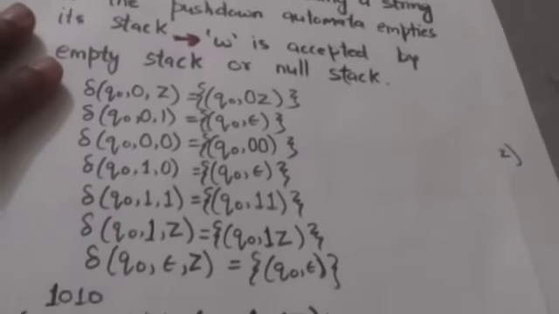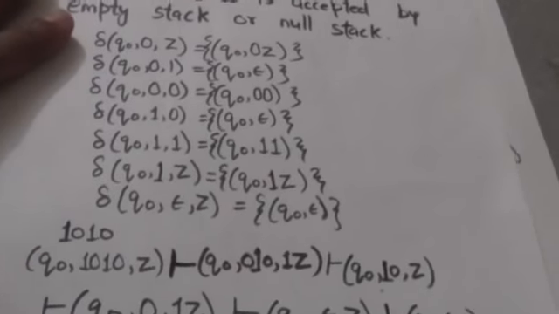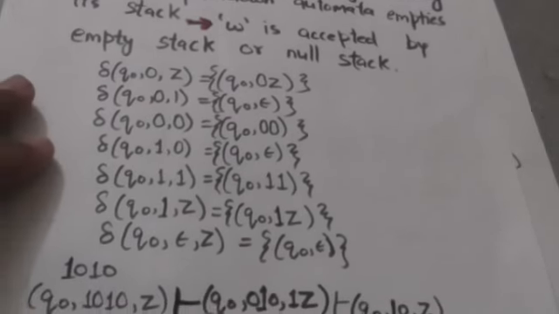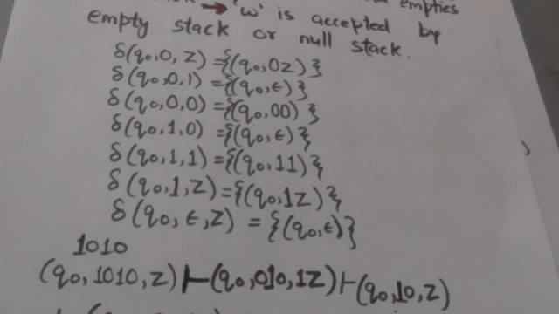It would be more clear after this example. Suppose there is a Pushdown Automata having these transitions, where Q0 is the initial state of Pushdown Automata and Z is the stack start symbol. Now, what will happen when we apply the string 1010 to this Pushdown Automata whose transitions are these?